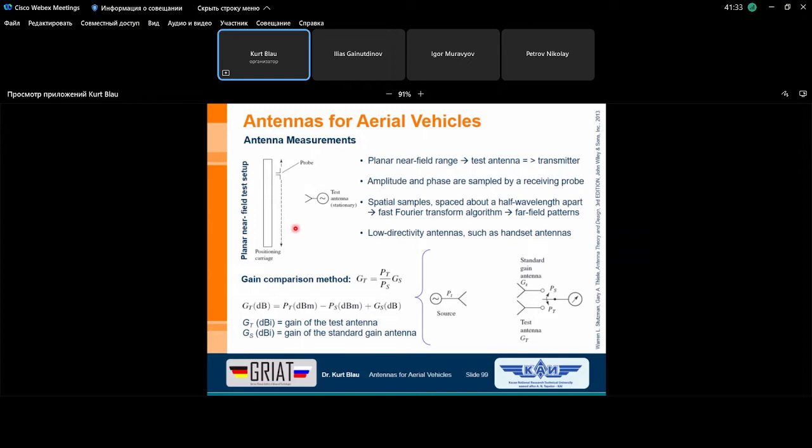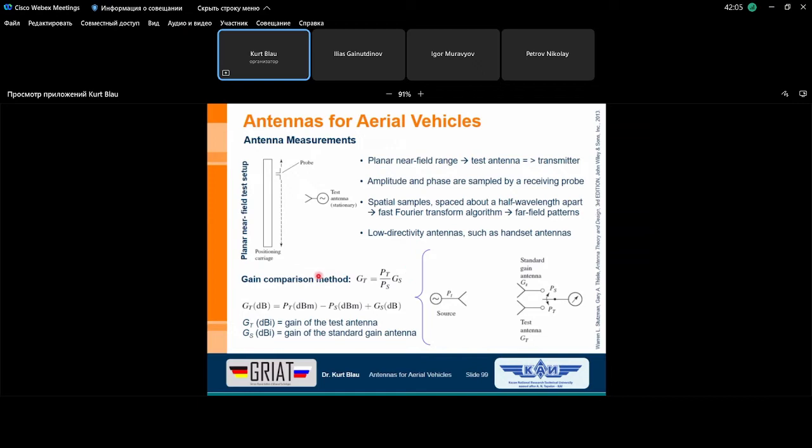Between measurement results and the wished pattern, we have a mathematical apparatus, a fast Fourier transform algorithm. We have to consider that we cannot directly check or prove if the antenna under test is, for instance, correctly located and so on. We can see it only after the measurements.